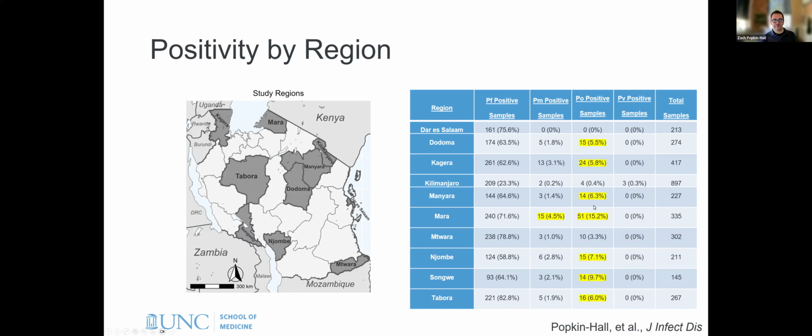But then for PO, like I was saying, 7 out of our 10 regions are at 5% or above. So that's less PO than was found by the previous study of school children, but it's more than I think was known to exist in Tanzania previously. But all of this in context, there is quite a bit more PF than there is of either PM or PO, and very little vivax.